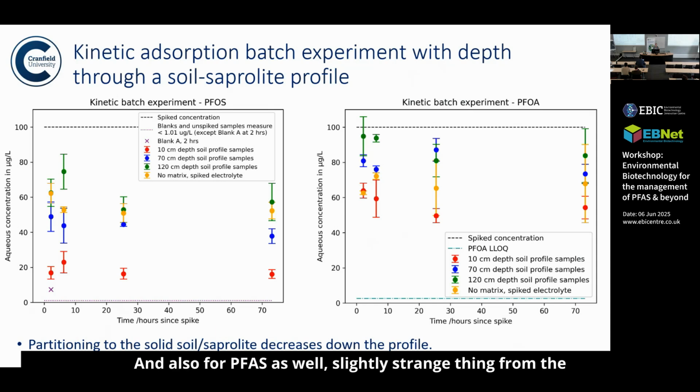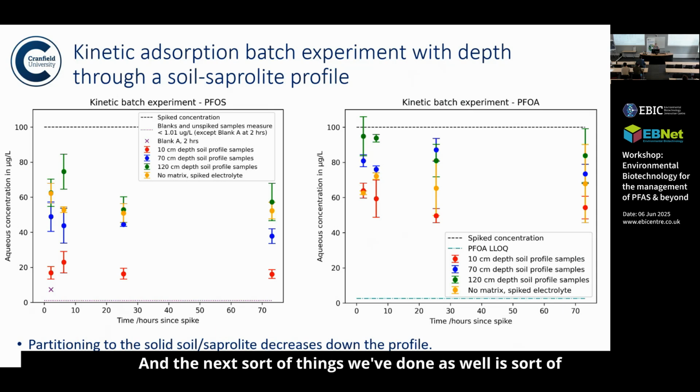And also for PFOS, there's a slightly strange thing from time step 1 to 2, where you don't really expect it to be increasing for some of them. But we think that's just because it's not initially well mixed enough in the first time step. But yeah, you see more adsorption for PFOS than PFOA.